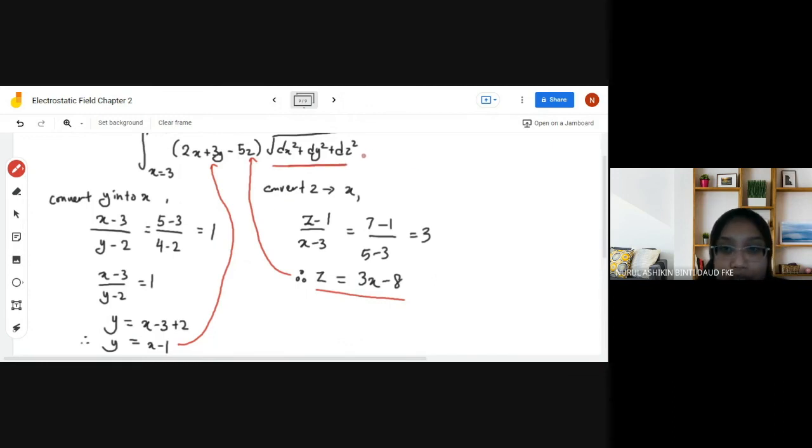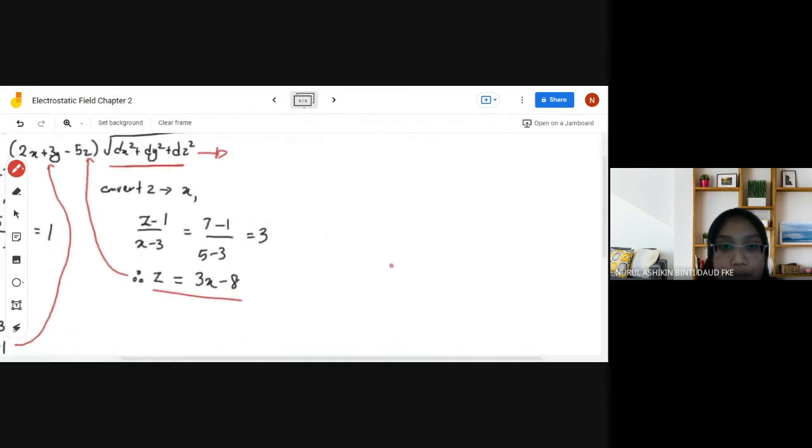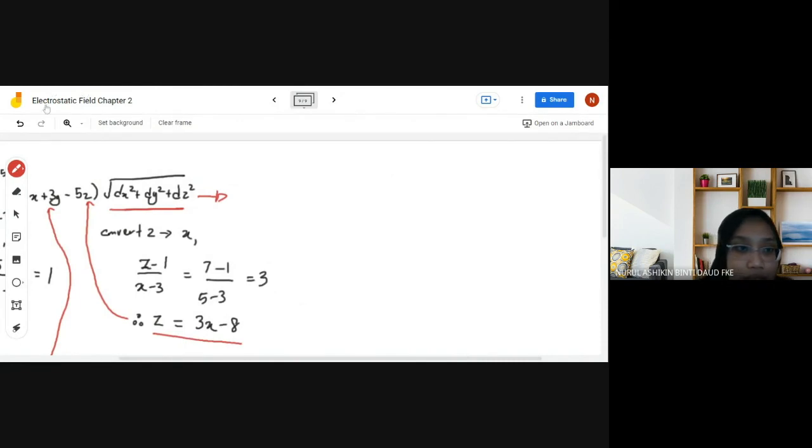So we need to solve this part. Now we are dealing with this part.